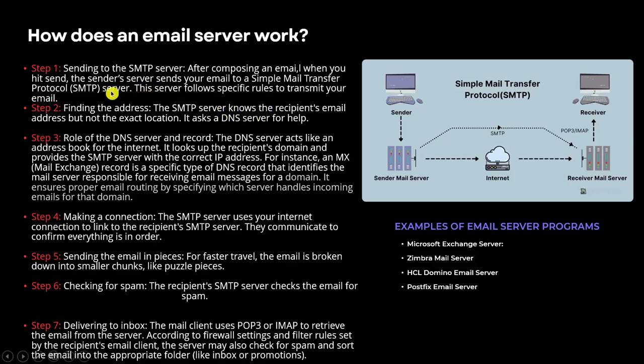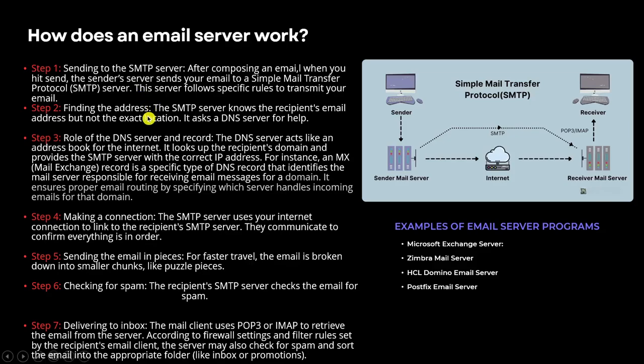The first step: when you compose an email using the email client and hit the send button, it will be forwarded to the SMTP server, which is always connected with your email client.